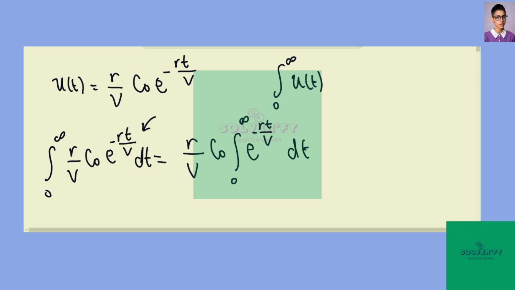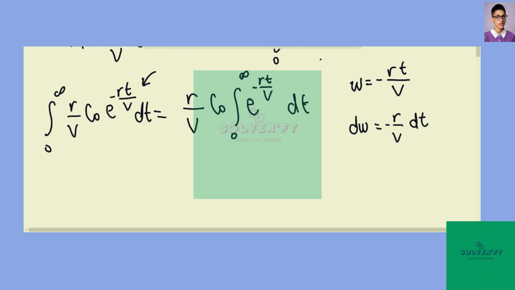To make this integral easier, we can do what we call a change in variables, and call w equal to minus r t over V, so that if we differentiate w, we will obtain minus r over V, because that is a constant, times the differential of t.